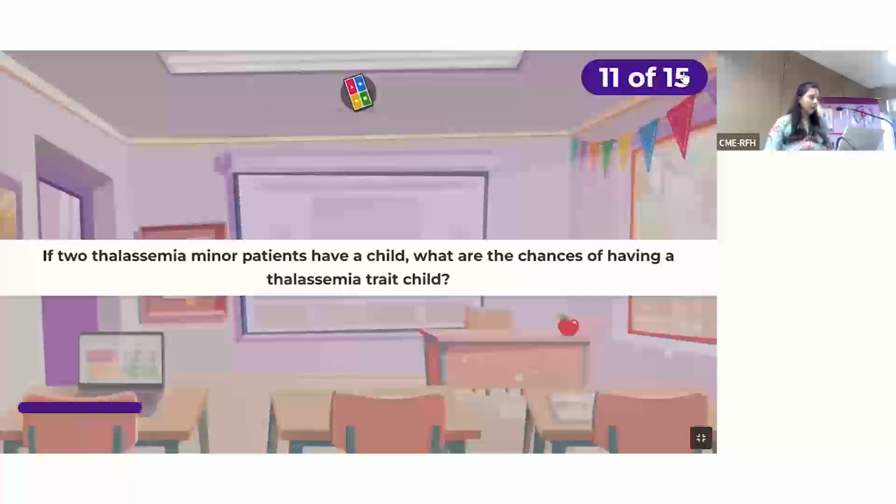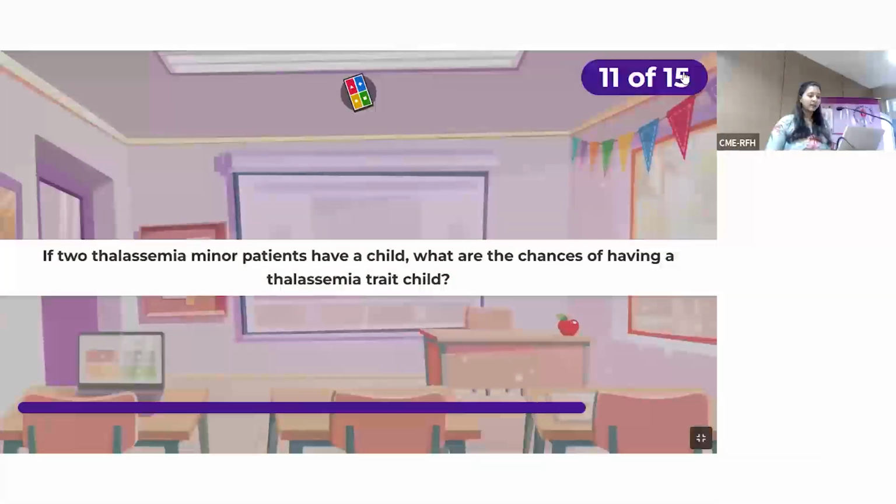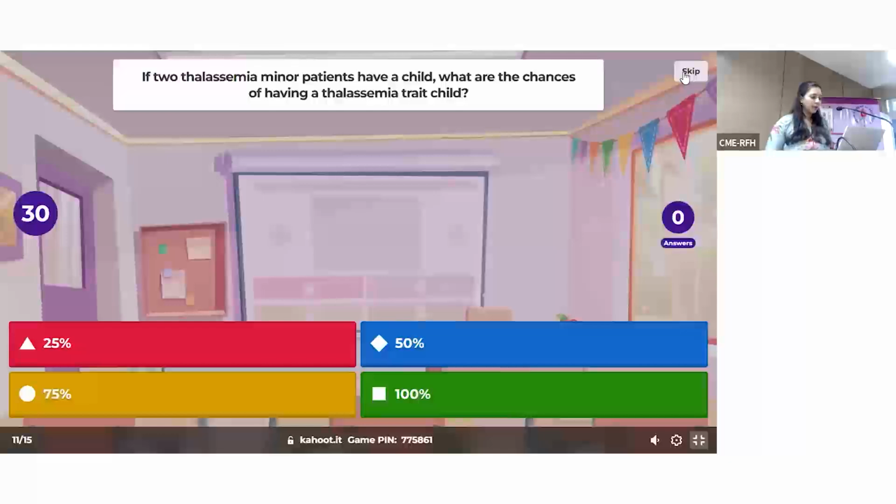Last five questions. If two thalassemia minor patients have a child, what are the chances of having a thalassemia trait child? Is it 25%, 50%, 75%, or 100%?